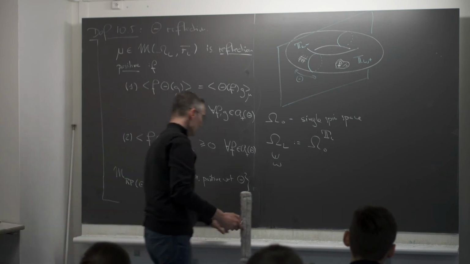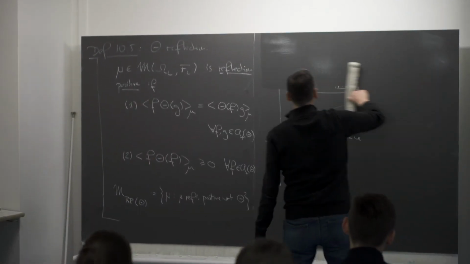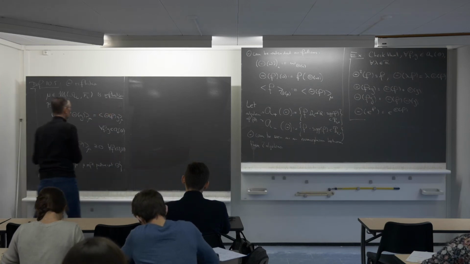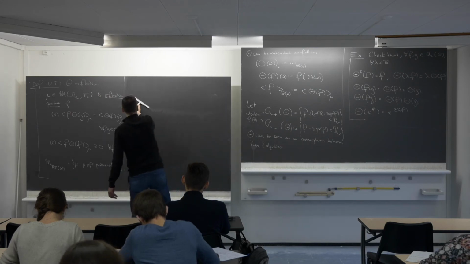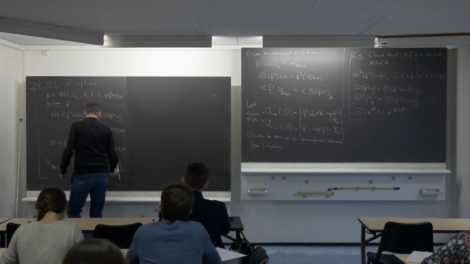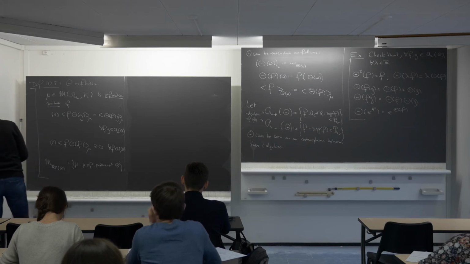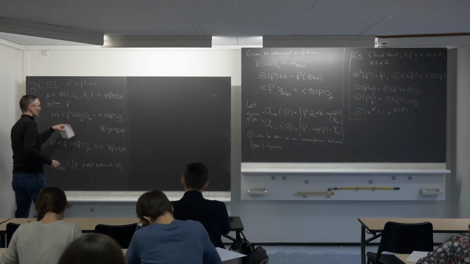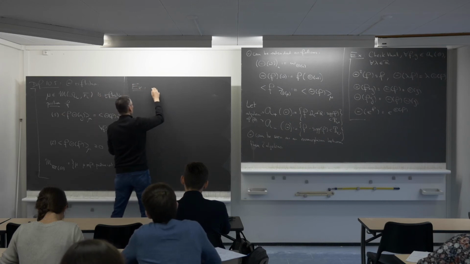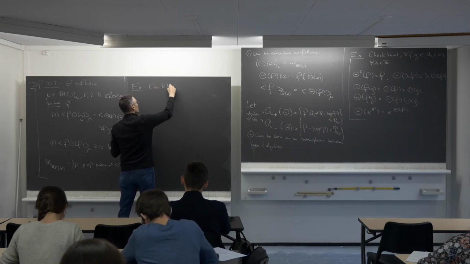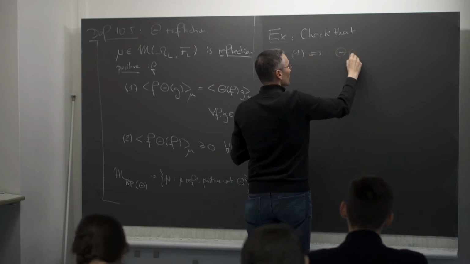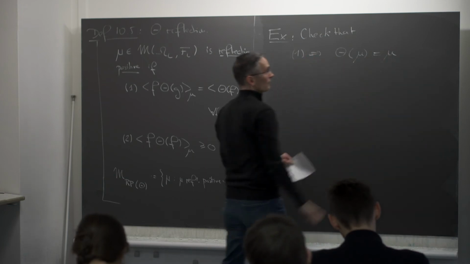So there is a very easy exercise now, which is to show that the first of these two conditions is very weak. So it's basically, in all reasonable cases, it will be true without anything to check. So exercise, check that 1 is equivalent to the statement that the measure mu is invariant under the reflection.